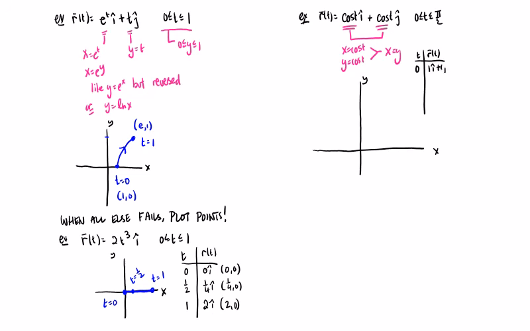We get 1i plus 1j, so 1, 1. And then at the point pi over 2, we get 0i and 0j, so 0, 0. So what happens in this picture is, it's just a line segment, interestingly enough. I didn't actually need all this picture. It begins right here at 1, 1. Heads into the origin.